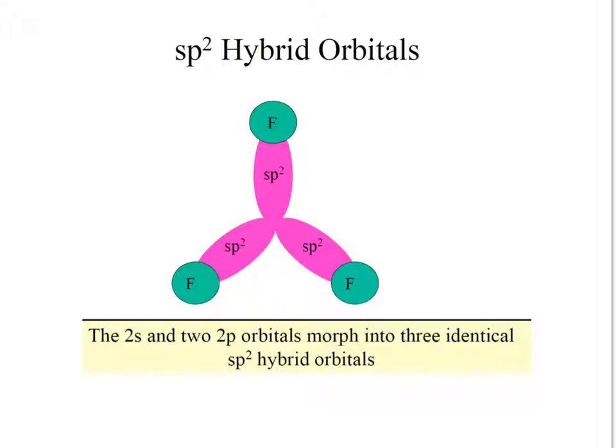So each sp2 is 1 part s, 2 parts p. You can think of them in terms of the electron domains around the central atom. So there's 3 electron domains, 1s, 1p, 1p, so you have 3 sp2s. And the bond angle is now 120, as VSEPR theory predicts.